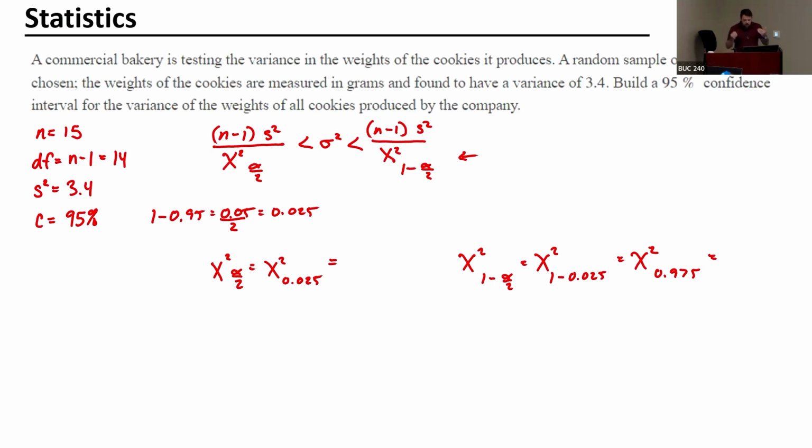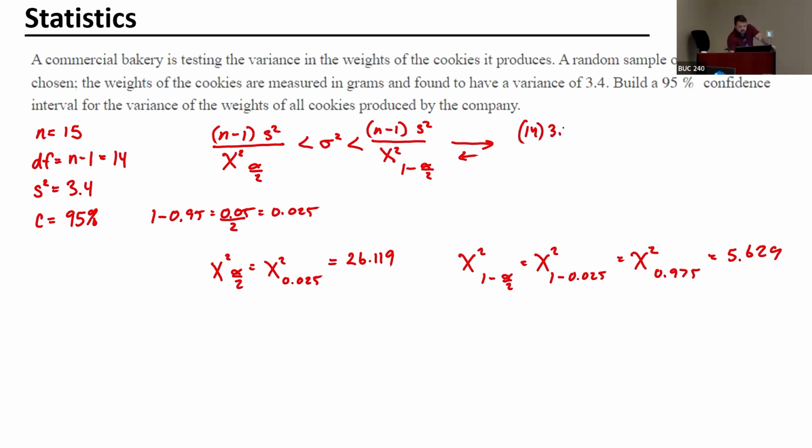Knowing what I know now, this part right here is going to be 26.119. My other number is going to be 5.629. Now I have everything I need, and I have to put everything into the formula. N minus 1 is obviously 14.